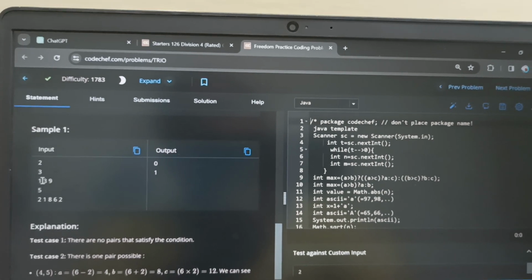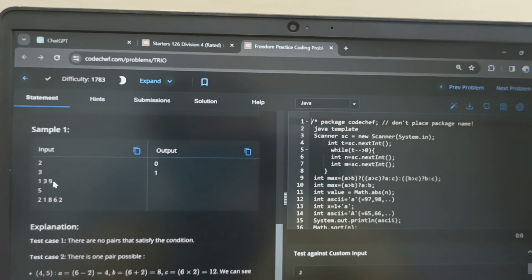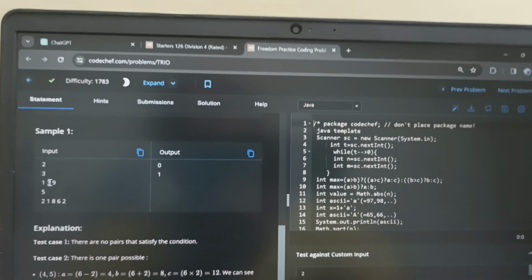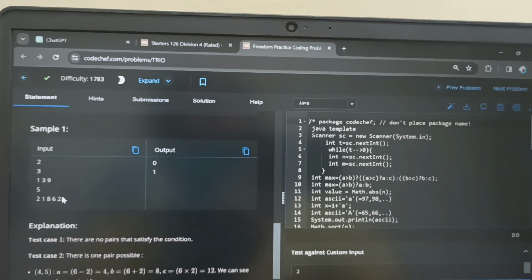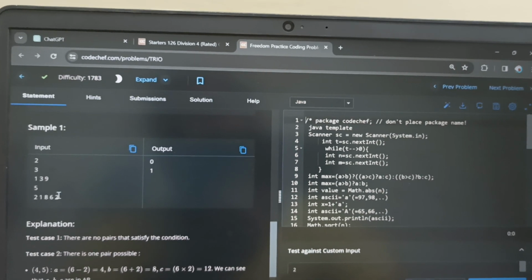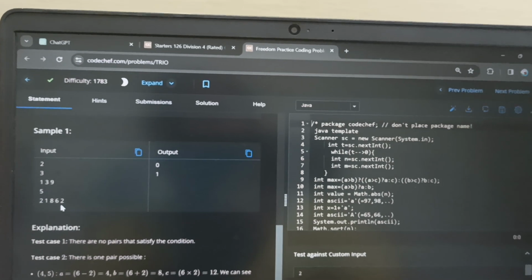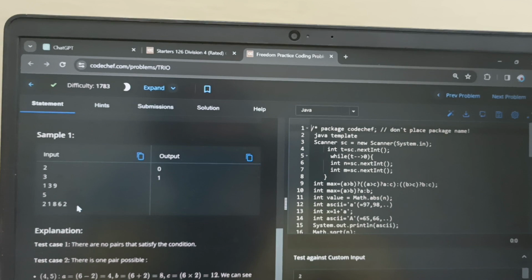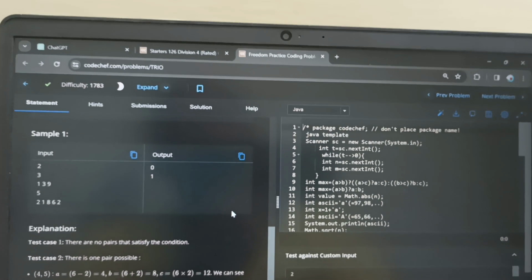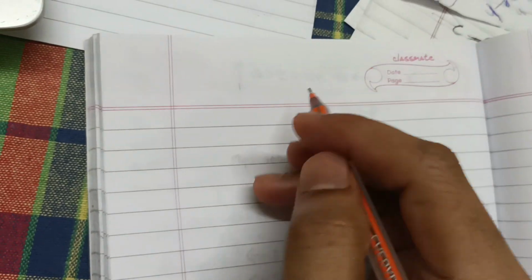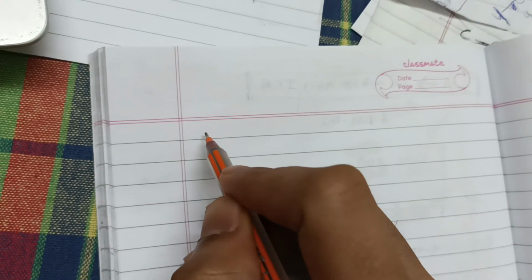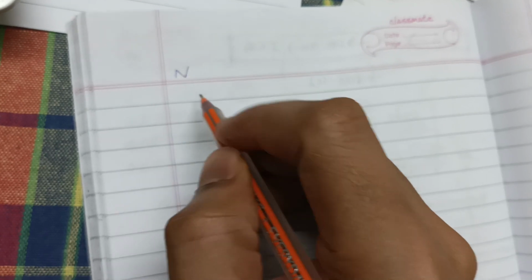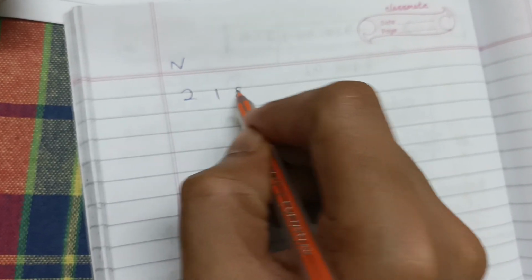In this case, if you choose two indices they may not give an AP, but if you choose 6 and 2, 6 minus 2 is 4, 6 plus 2 is 8, 6 into 2 is 12, which is in AP. In the question you are given an array of size n, like 2, 1, 8, 6, 2.